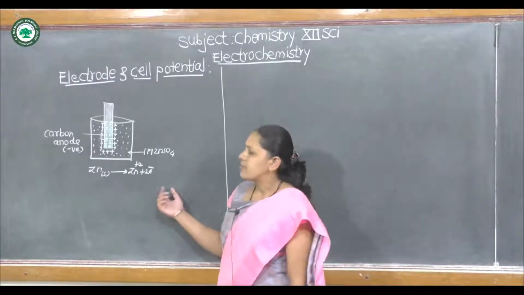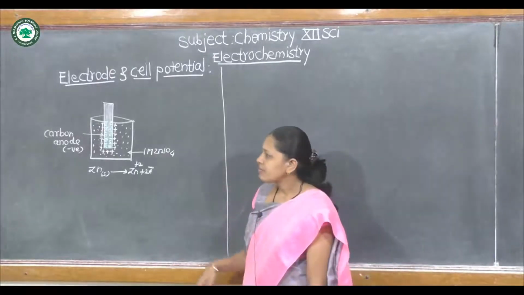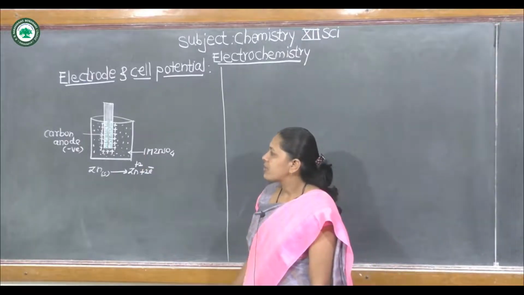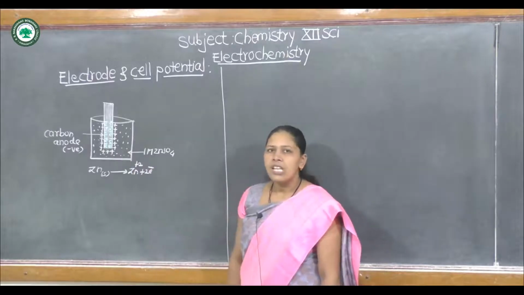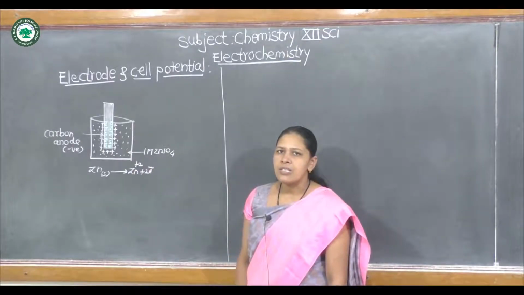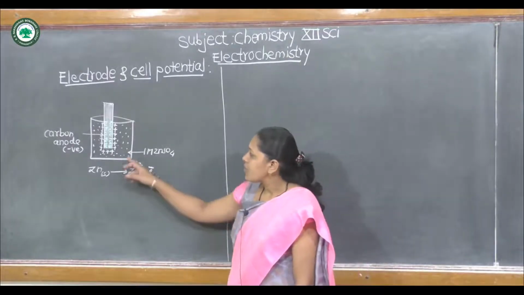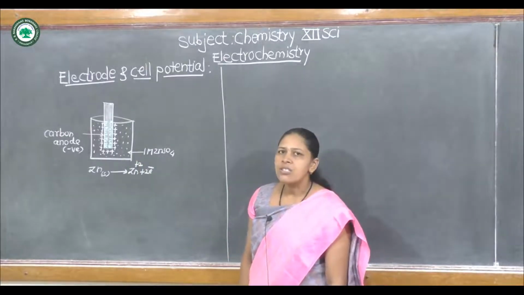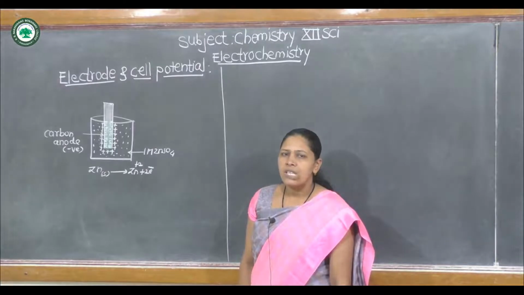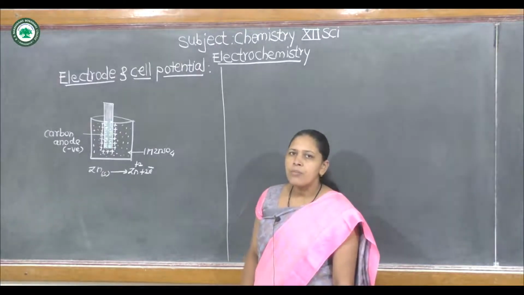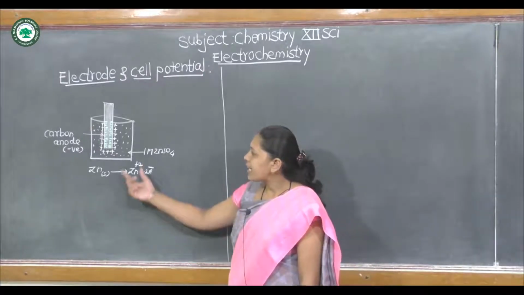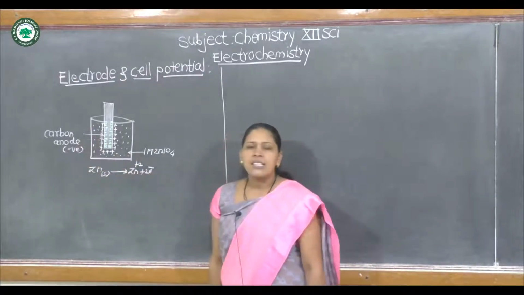For example, this is the oxidation half cell in which a zinc electrode is dipped in 1 molar zinc sulfate solution in which Zn2+ ions are present, and this is the anode.